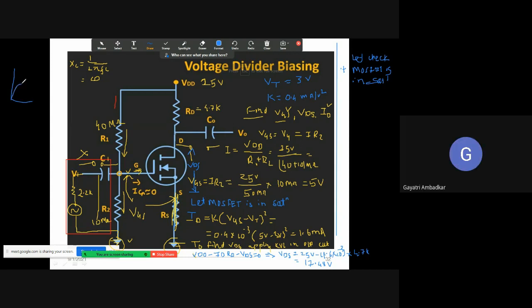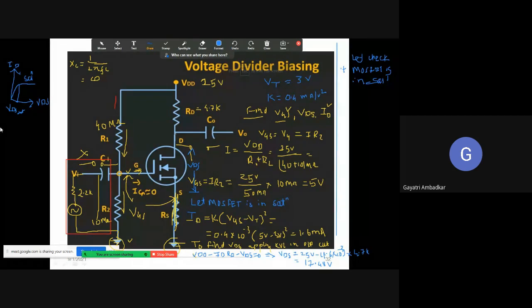So you know this is the characteristics of MOSFET. From this point, MOSFET enters into saturation region. On this axis we used to show VDS, on this axis we used to show ID. So when value of VDS exceeds VDS sat, this value is VDS sat. And now what is VDS sat?